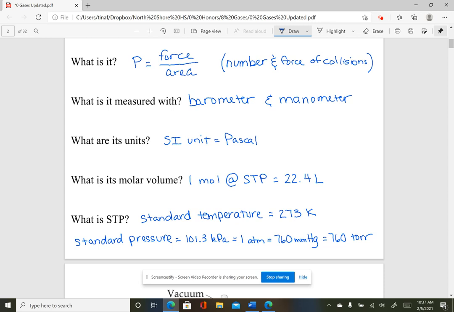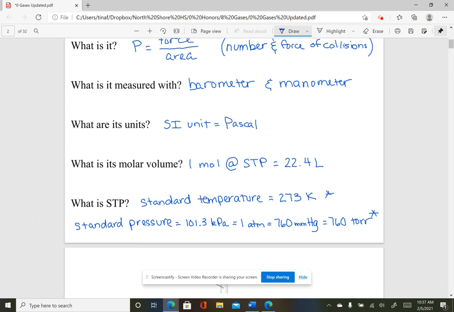So I have 4 different units for pressure, resulting in 3 different numbers for standard pressure that all represent the same amount of pressure. Okay, so this is something that you guys will have to memorize, these standard numbers. And as we do more practice, you'll start to remember them. It won't be so bad.